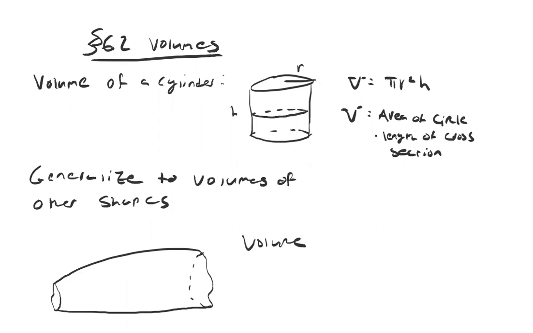So the idea is, if I wanted to calculate the volume, I can look at a little cross section of this. Let's assume that the cross section has width dx. So it's just a really small segment of this thing. If I can figure out what the area of this cross section is, then on this really small length, the area doesn't change.